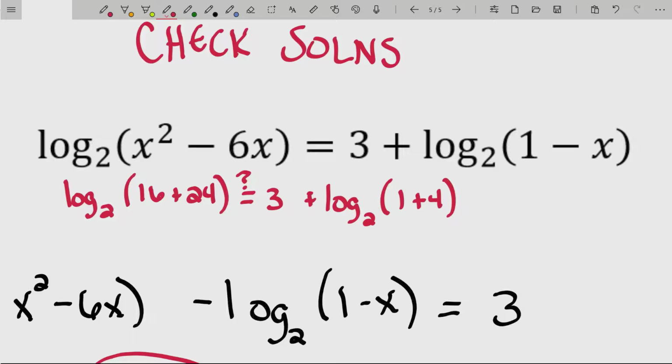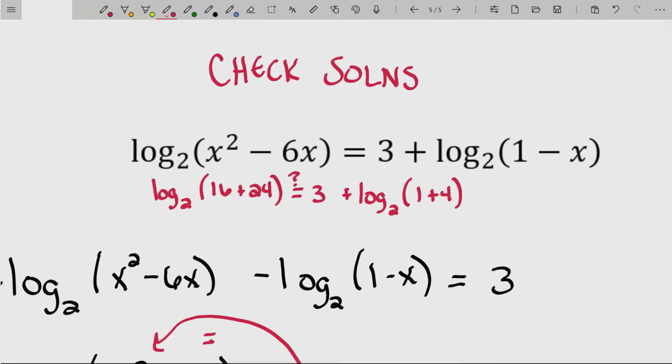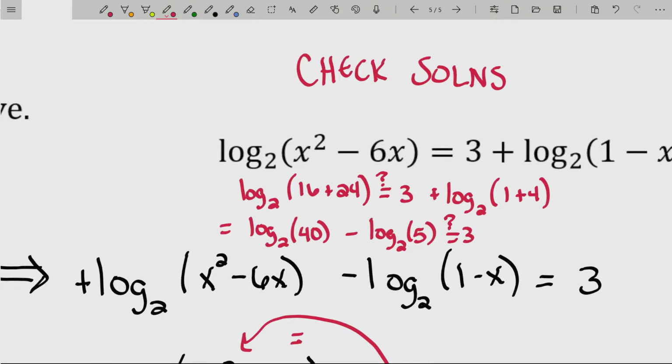Now, the fact that all the arguments here are positive is very, very encouraging. But since it's simple arithmetic here, I still want to go ahead and check all this. So I'll just say that's log base 2 of 40. I'll subtract this log base 2 of 5 from both sides. And the question is, is that going to be 3? Log base 2 of 40 minus log base 2 of 5 is log base 2 of 40 divided by 5, or 8.